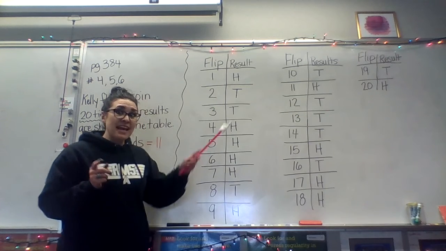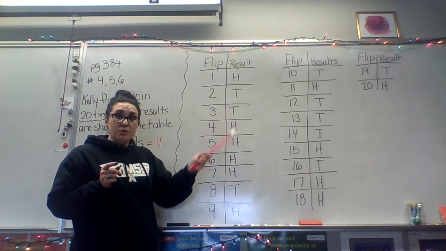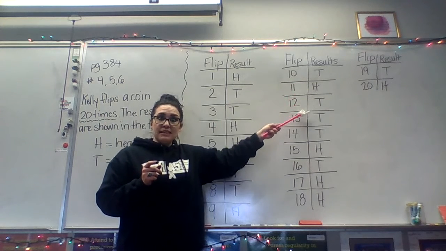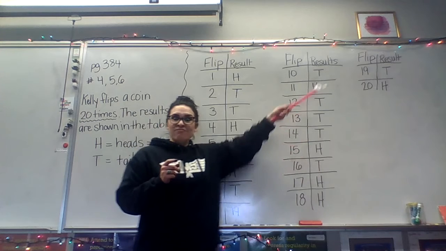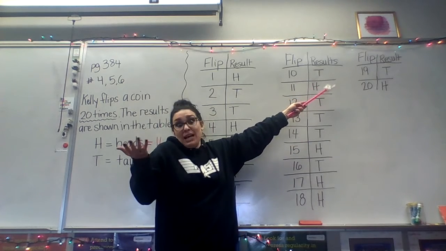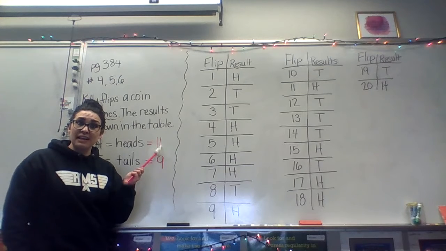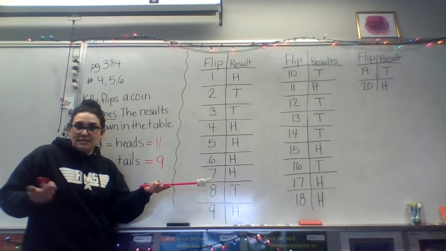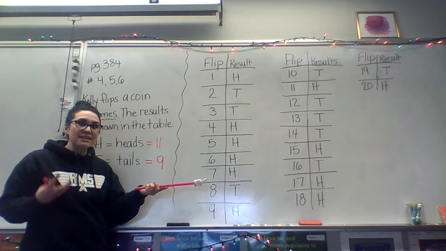And now let's count our tails. 1, 2, 3, 4, 5, 6, 7, 8, 9. 9 times tails was up. Let's talk about these 2 numbers, 11 and 9. When we add them together, we get 20, which makes sense because this coin was flipped 20 times.